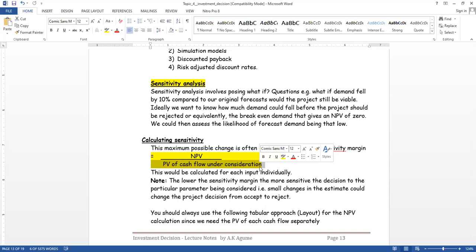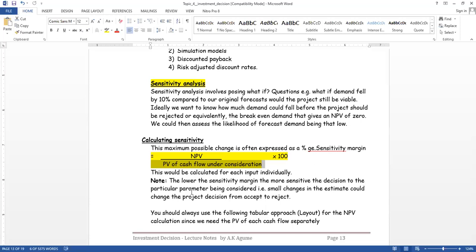It could be selling price, it could be cost of capital, it could be the time period, the life of the project, etc. And the lower the sensitivity margin, the more sensitive the decision is to the particular parameter being considered.